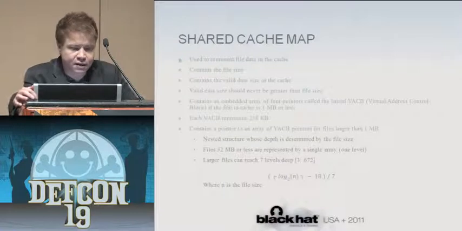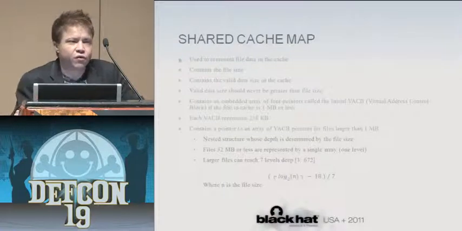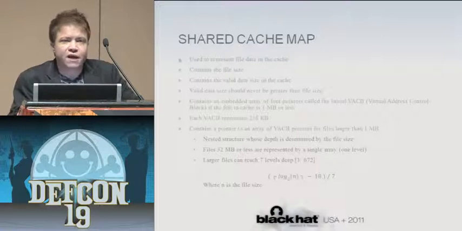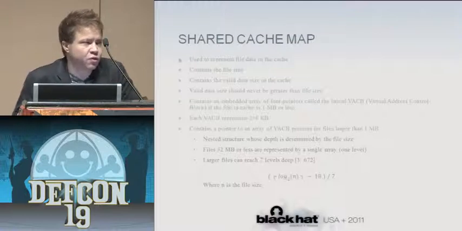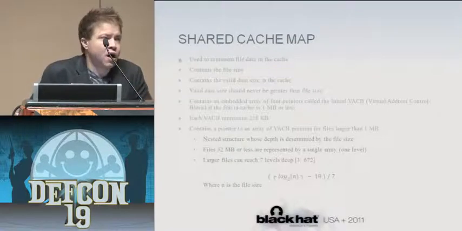Also, it contains an array of pointers to VACBs. So VACBs are virtual address control blocks. This is the structures that define where the data is in virtual memory in the cache.